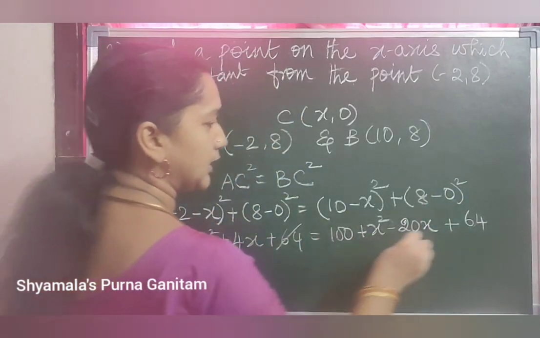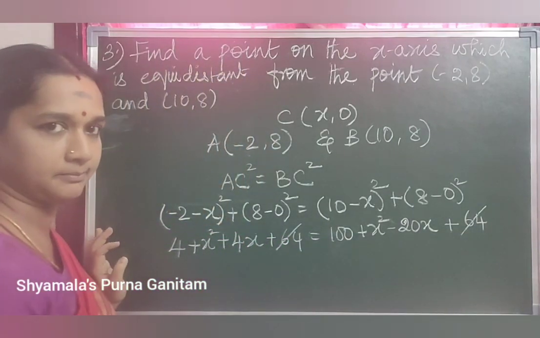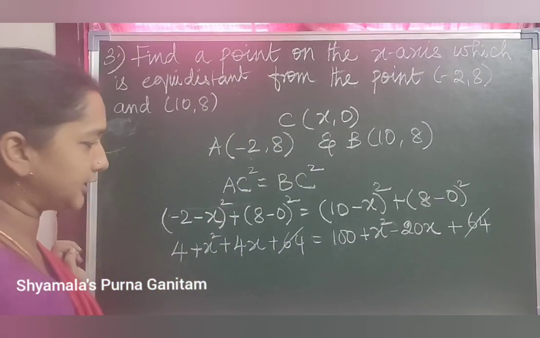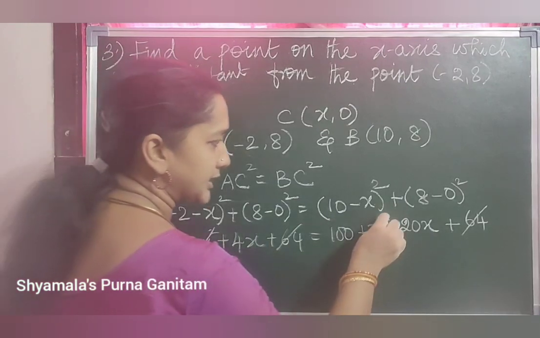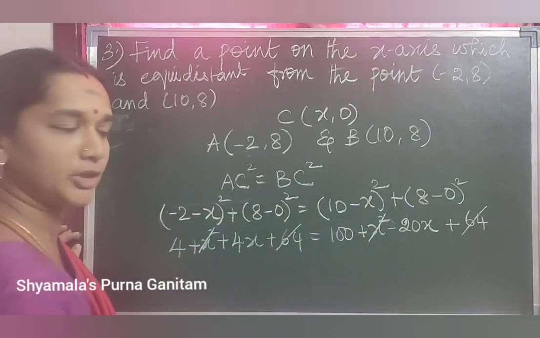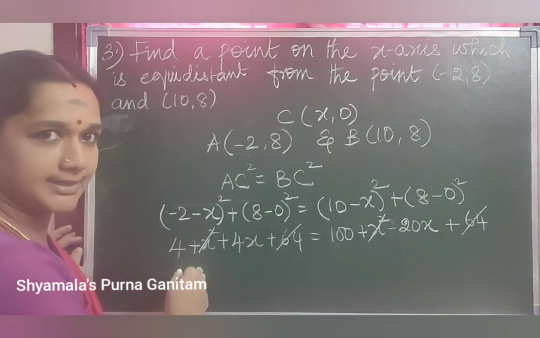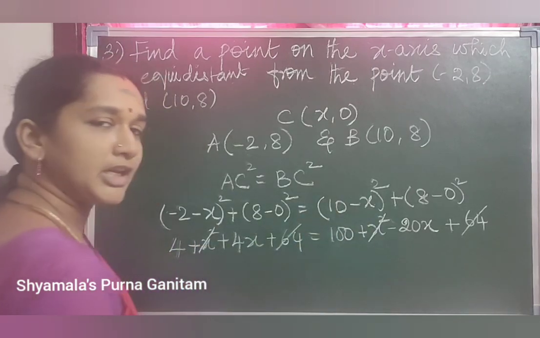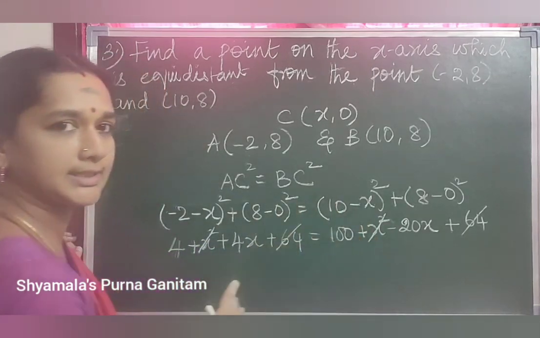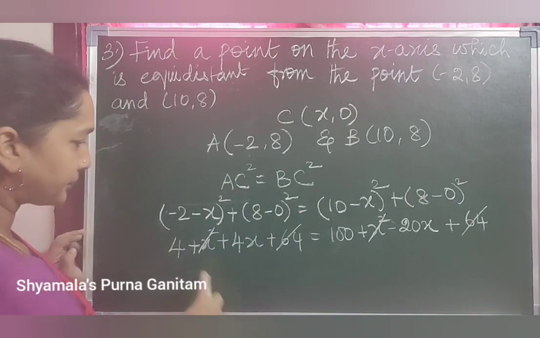So this 64 and this 64 will get cancelled. After this, x squared and x squared also will get cancelled. When you are bringing this x squared here, minus x squared will be there. So whenever you have like signs on both the sides, you can cancel it directly.